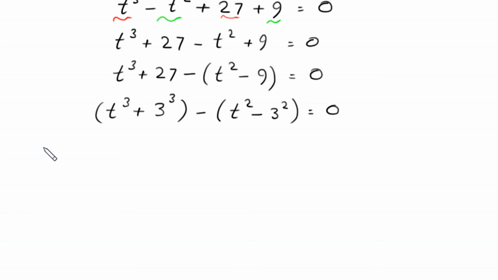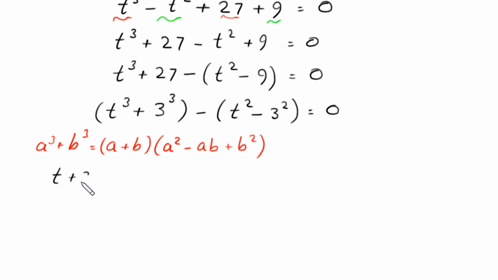Now by using this property, a cubed plus b cubed is equal to a plus b times a squared minus ab plus b squared, t cubed plus 3 cubed will become t plus 3 times t squared minus 3 times t plus 3 squared, which is 9.